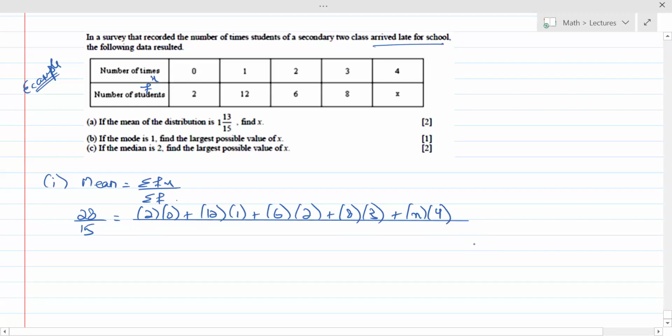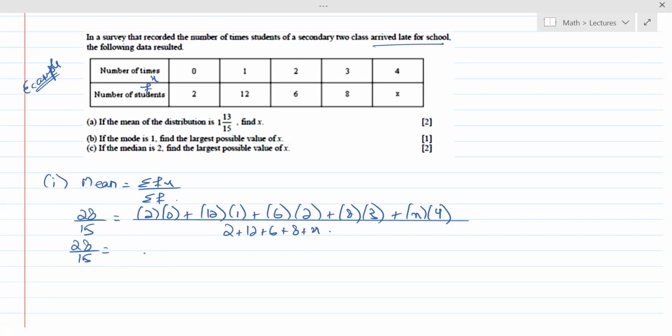And in the denominator, it's the total frequency. The total frequency, you keep on adding all the frequencies. So in the frequencies, we have 2 plus 12 plus 6 plus 8, and then this plus x. Okay, solving it, we get 28 upon 15 is equal to, solving the numerator, 12 plus 6 into 2 plus 8 into 3 plus x into 4, which would be 4x.